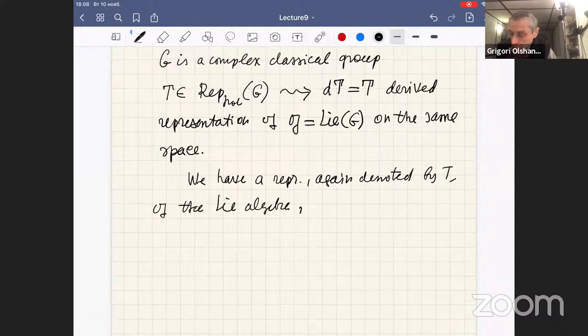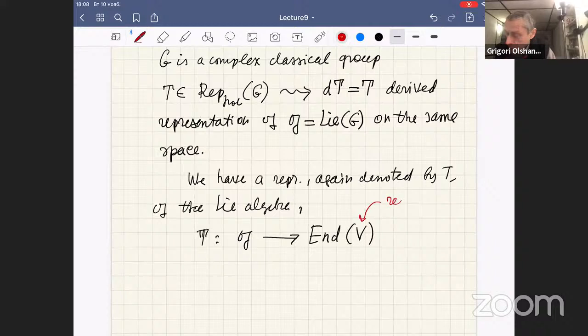T is a representation of our Lie algebra, and V is now our representation space. This just means that this is a Lie algebra morphism from this Lie algebra to this Lie algebra.